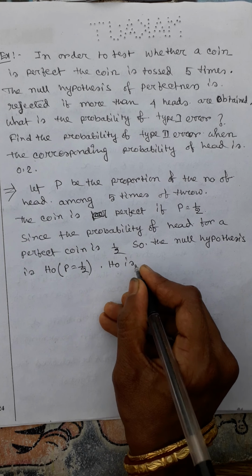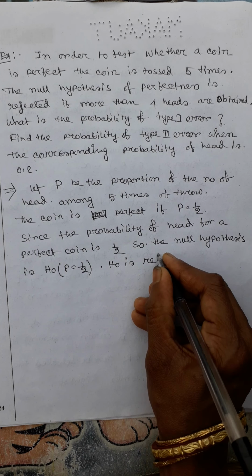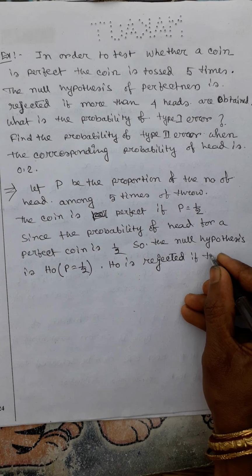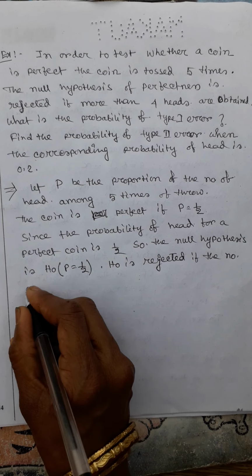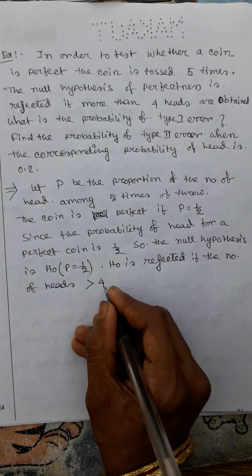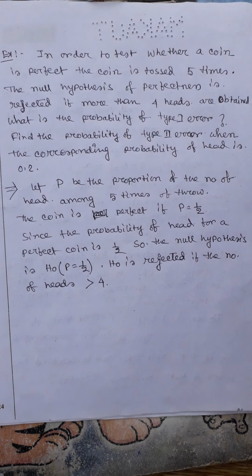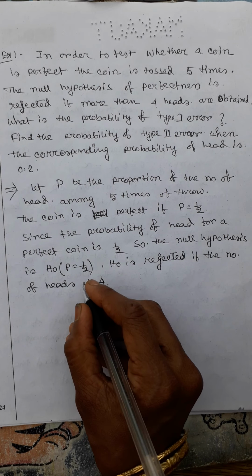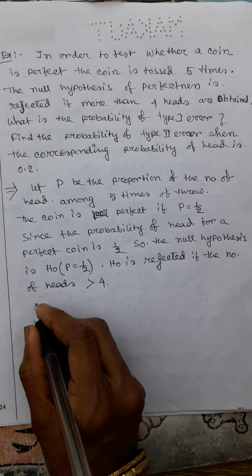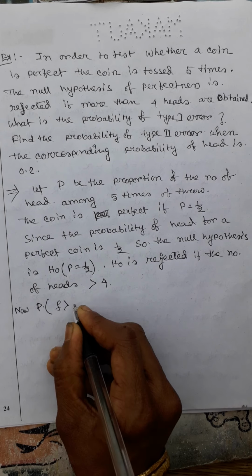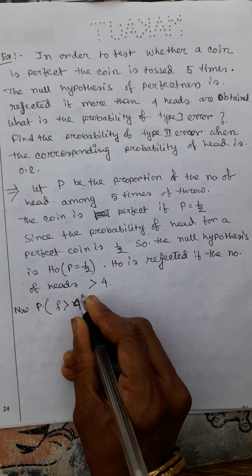Now H0 is rejected if the number of heads is greater than 4. So it is now the probability of X greater than 4.